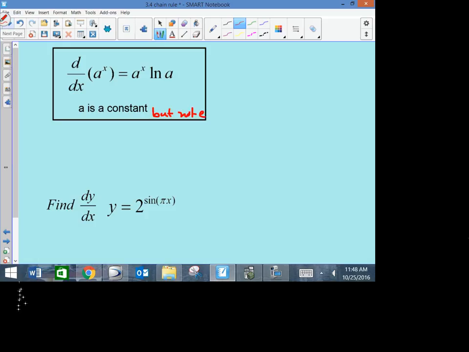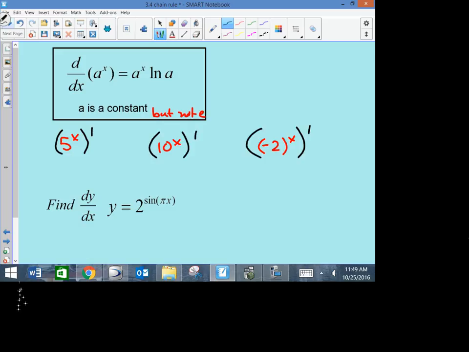So e to the x is its own special case. Remember that. The derivative of a to the x, like 5 to the x, or 10 to the x, or negative 2 to the x. If we take the derivative of that, we use this rule.